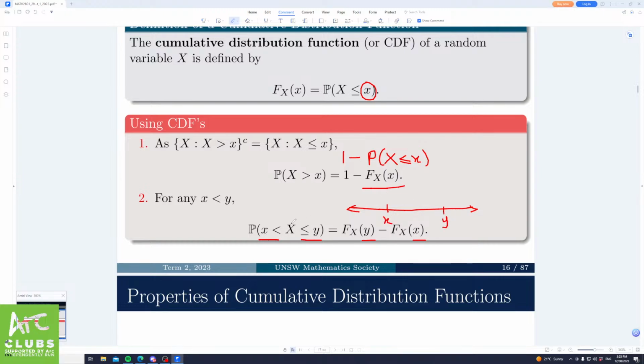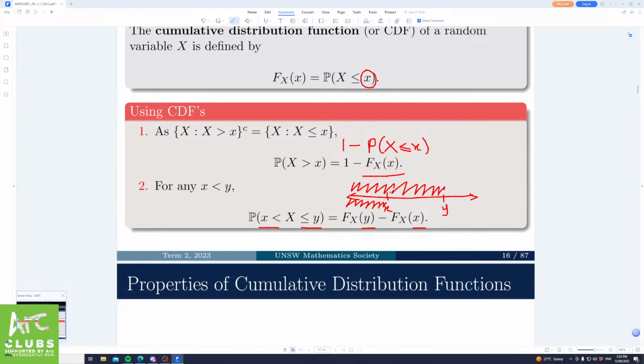The probability that your random variable is sandwiched between these two values on the number line is going to be the probability it lies in this region minus the probability it lies in this region. I really wish I had different colors, but I'm not too sure how to do that on this program. If you see that visually, this region gets cut off and you're just left with the region in between x and y.